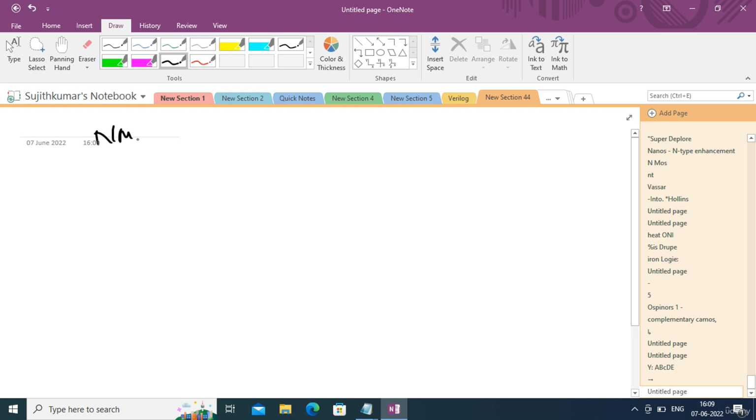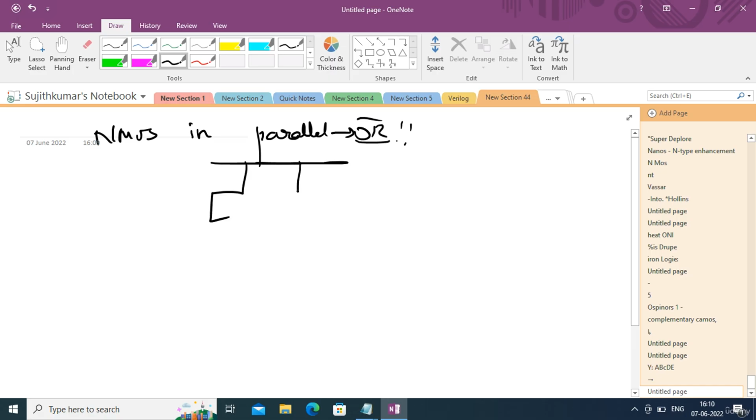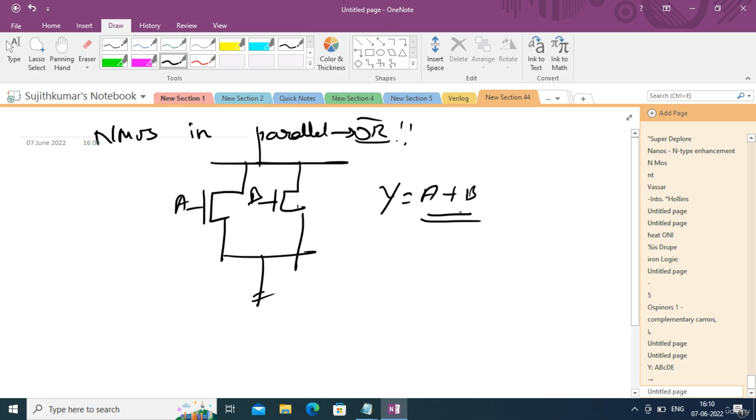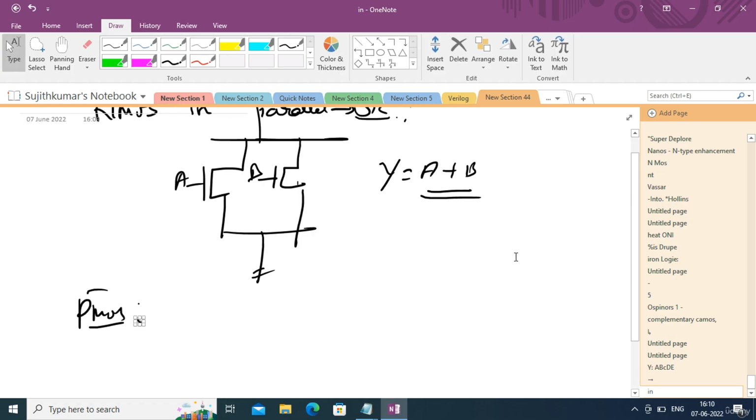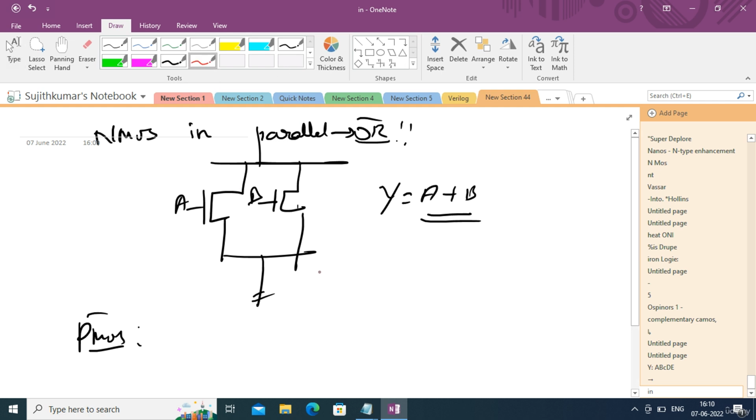Similarly, when you have NMOS in parallel, that will implement OR logic. Something like this. This is the parallel structure. Let us say this is A and this is B, so the output will be A or B. And for PMOS in the pull-up network, I told you this is just a dual. Whenever you have something in parallel in NMOS, it will become series.